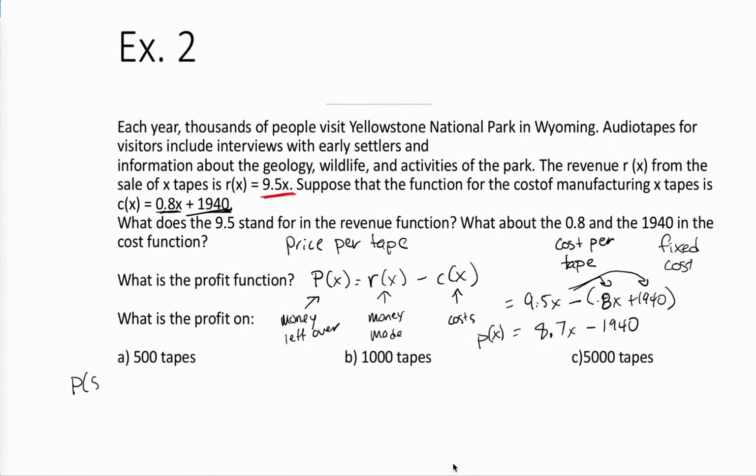So P of 500 is 8.7 times 500 minus 1940, which is $2,410.